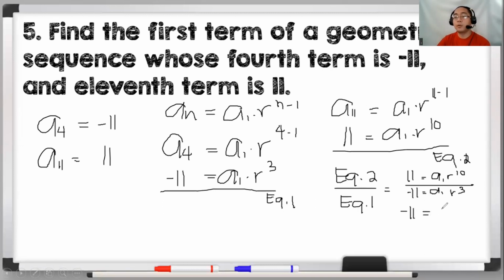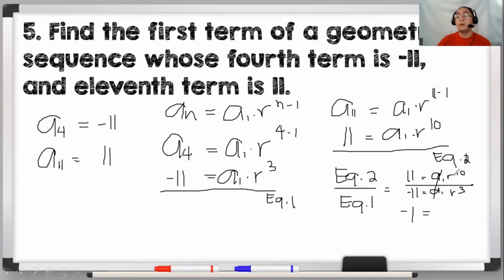Then a sub 1 divided by a sub 1 is cancelled out, and the result is 1, a constant, so there is no need to write it.